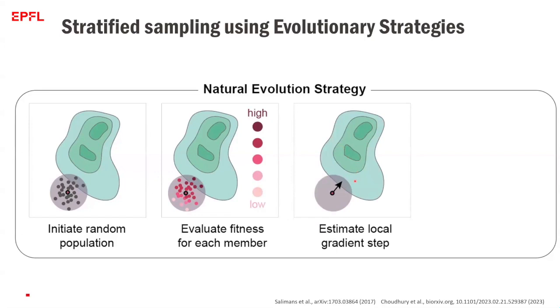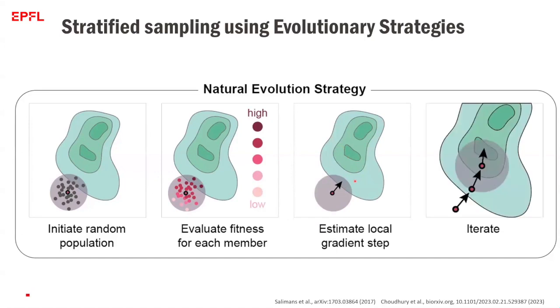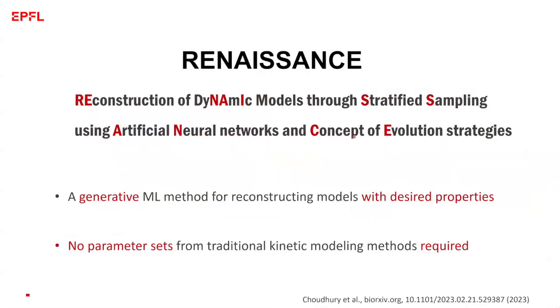And based on this, we developed another method, which is called Renaissance. Yeah, we spent some time thinking about how to name it, but it is based on this, and hopefully soon will be published, but you can find it on bioRxiv. And how it works. So you start classically, as you start with any type of these methods where you are building the model.